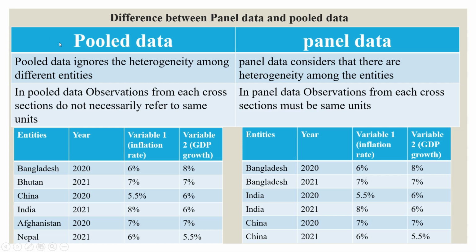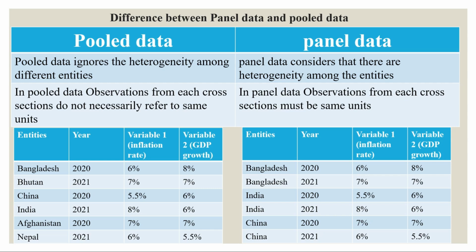Pool data basically ignores the heterogeneity among different entities, whereas panel data considers that there is heterogeneity among entities. For example, there are different entities, Bangladesh, Bhutan, China, and among these countries there can be different kinds of differences.